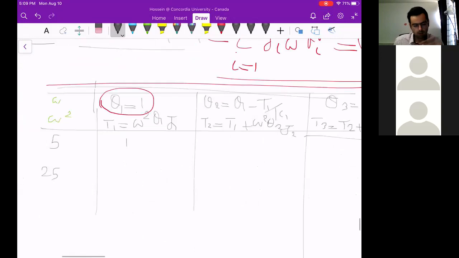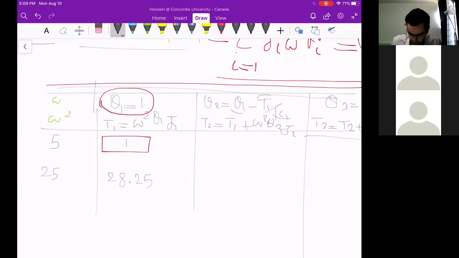So theta 1 always is 1. Displacement 1 is always 1, always. So you have to find T1. T1 therefore would be 28.25. As soon as you obtain T1, go for finding theta 2, because you have theta 1, you have T1, you have K1.